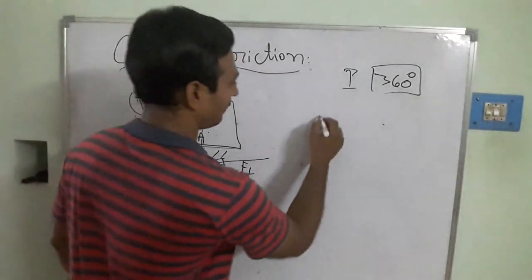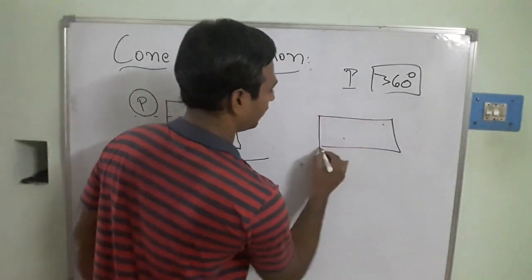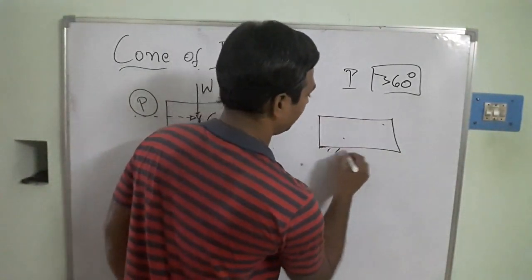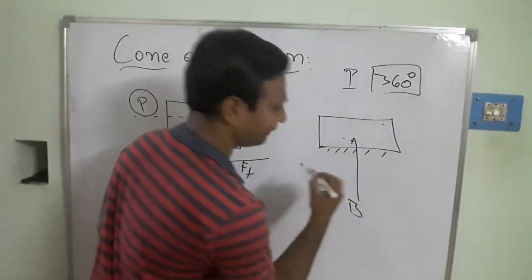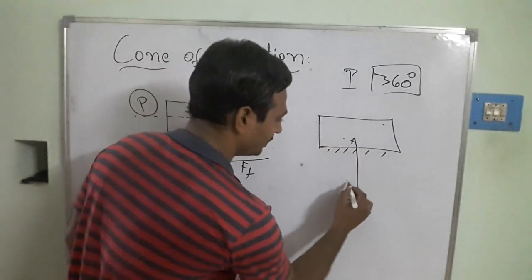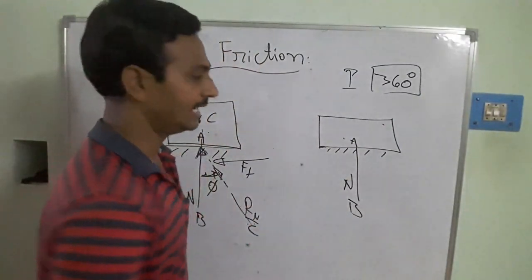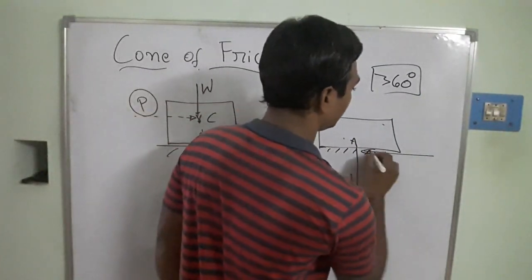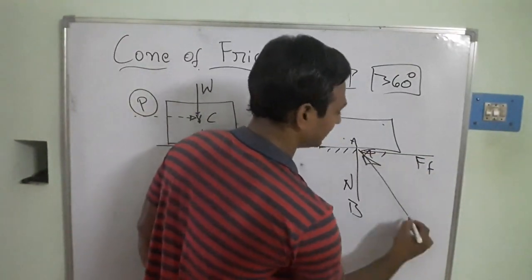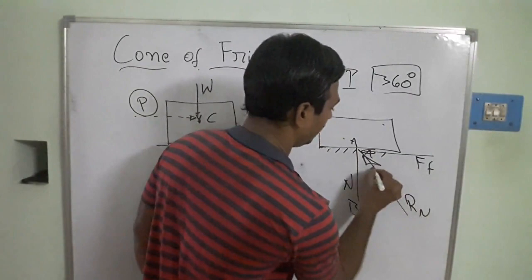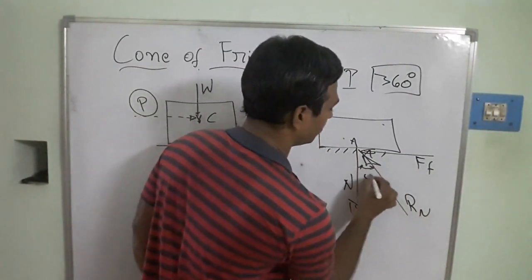In this case, I take the same body as a two-dimensional object, and this is the look. This is your A, and this is B. This is your normal reaction. At the same time, F is the frictional force, but I have taken the resultant component R, which makes an angle of phi.